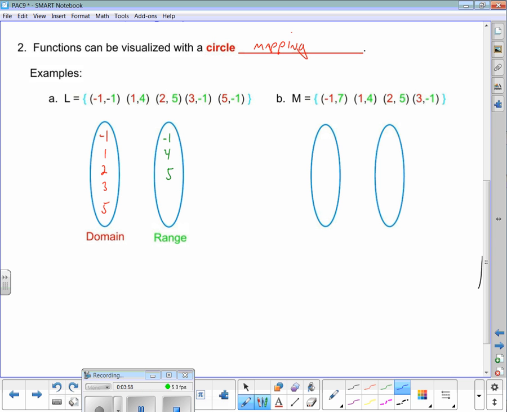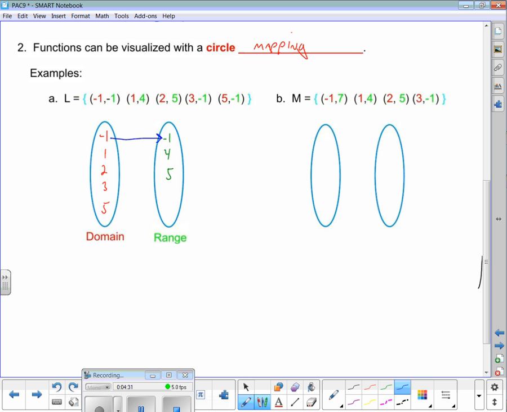And the mapping is simply stating what guy goes with what girl. So if I take my blue, and I draw an arrow from the -1 to the -1 with an arrowhead at the right -1, I just mapped guy -1 to girl -1. Okay? Simplistic. And you have to do this for all the elements, all the guys.